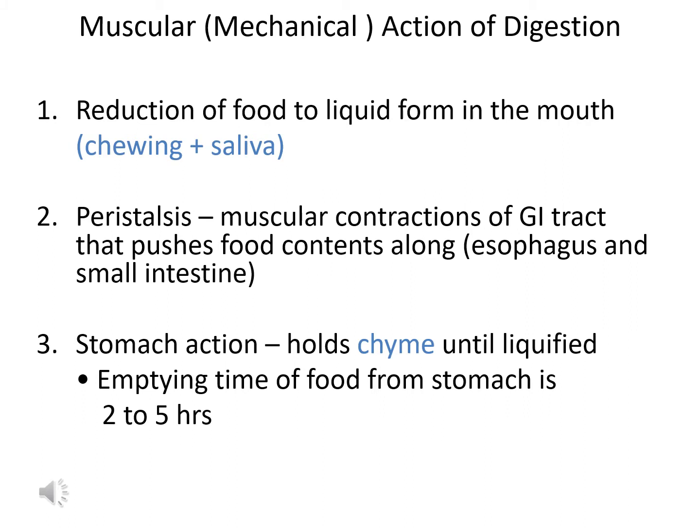So as I mentioned previously, the digestive process involves both what are known as muscular or mechanical actions as well as chemical actions. We're going to take a look first at those muscular or mechanical actions which are necessary to aid the digestive process. And once again, we're going to start back at the very top at the entry point, which is the mouth.